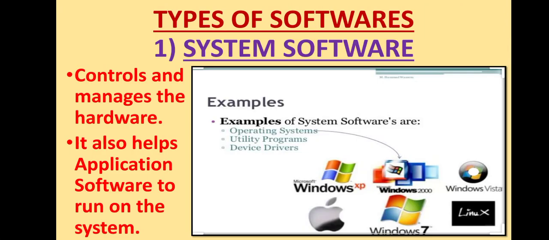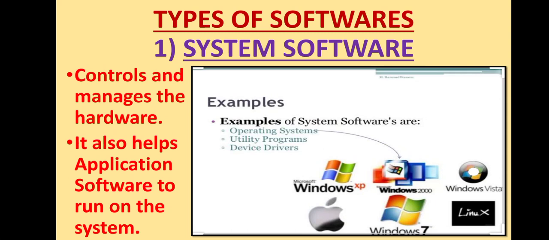Types of softwares. There are two types of softwares: system software and application software. System software. System software controls and manages the hardware.